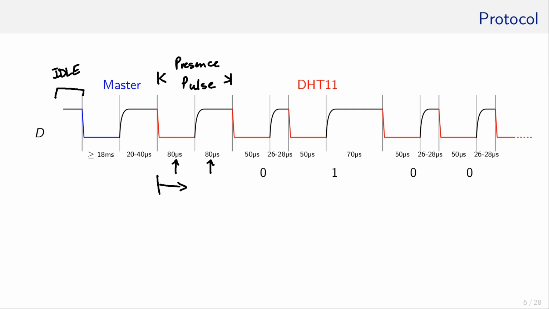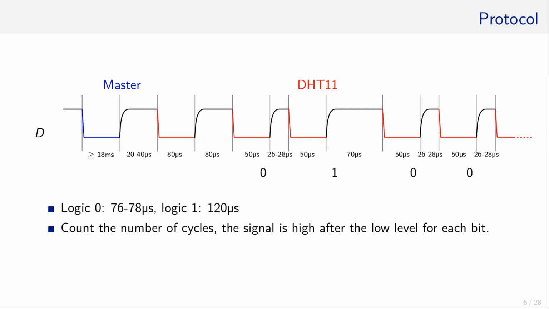After the presence pulse, the communication starts immediately, and it is straightforward. The DHT pulls down the wire and holds it there for 50 microseconds. After that, it will let go and the wire recharges.